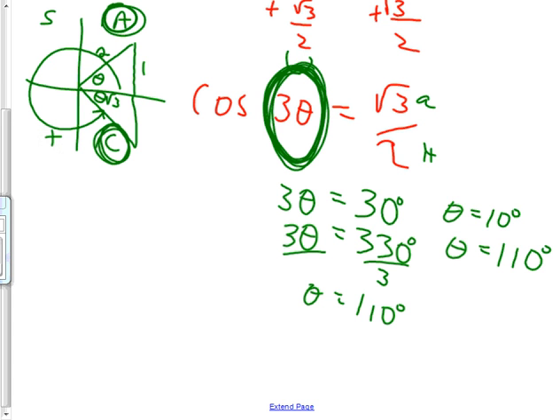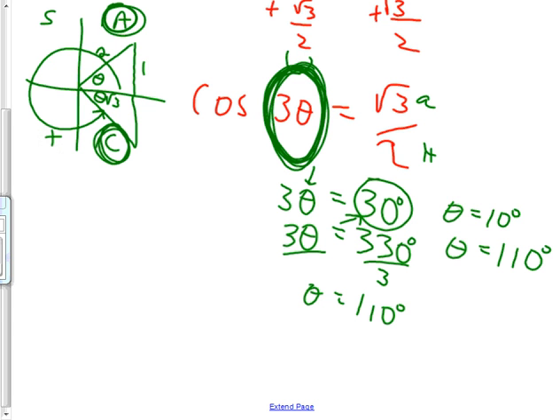we can add 360 to this angle and get another place that works. So 30 plus 360 would also be a place that works. But wait, you say, we only want answers that are less than 360. But remember that we're going to divide this by 3 in a second.